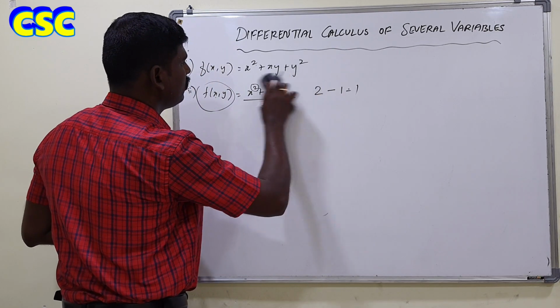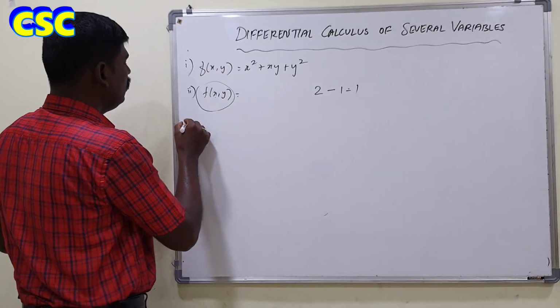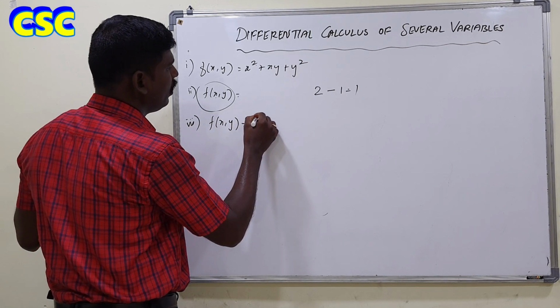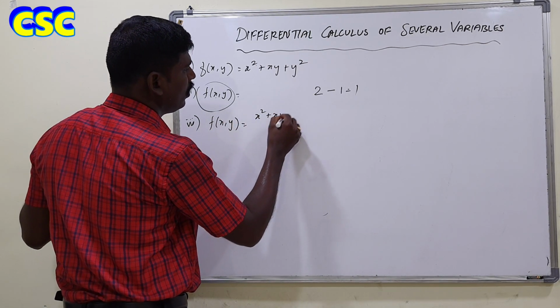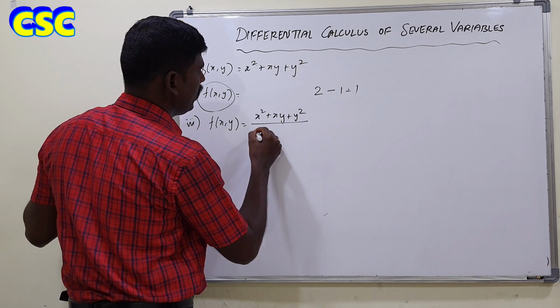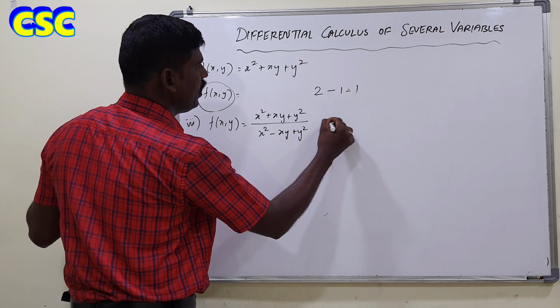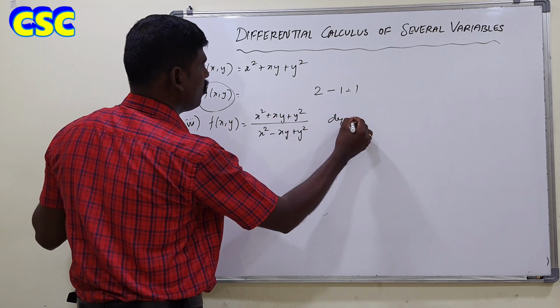Same like that, the third one: f of x comma y is equal to x square plus xy plus y square by x square minus xy plus y square. What do you get? The degree of this function is equal to 0.